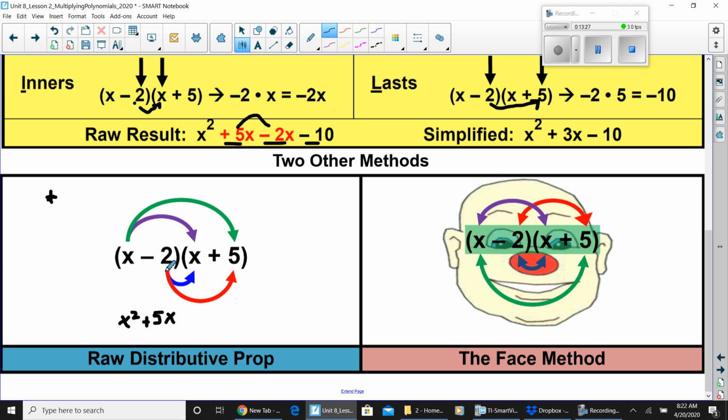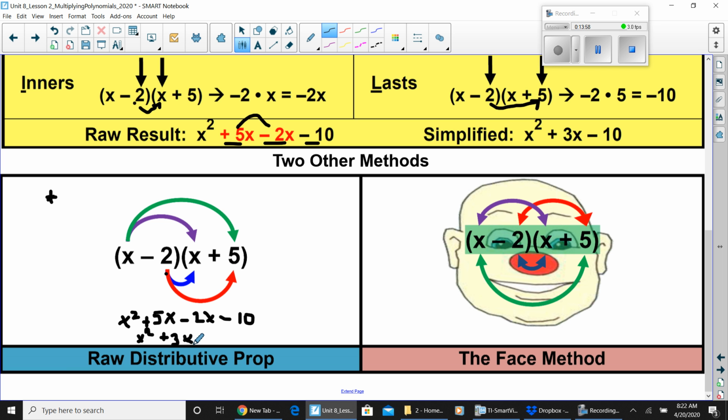This -2 is being distributed to the x, -2 times x, -2x. And then this -2 is being distributed to the 5, -2 times 5, -10. When you combine like terms, the like terms will be directly in the middle, and you have x squared plus 3x minus 10.